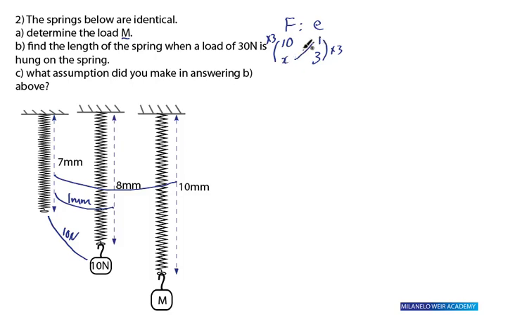But let's just cross multiply. 10 times 3 is equal to 1x. 30 is equal to x. You are done. So A is equal to 30 Newton.